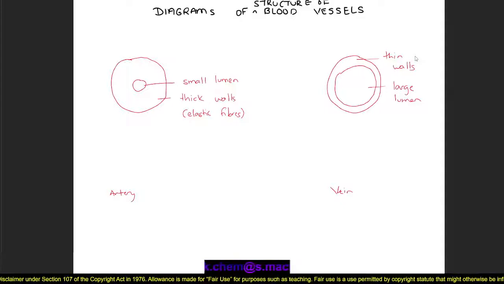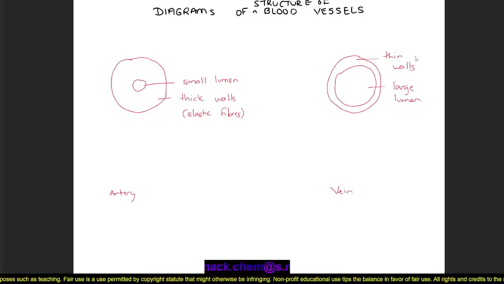So at this lower blood pressure, to ensure that the blood travels from the veins back up to the heart, the structure of a vein is such that it requires a large lumen, which will allow this blood flowing at a lower blood pressure to come back to the heart.